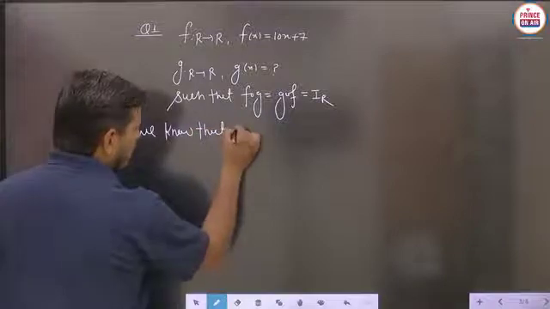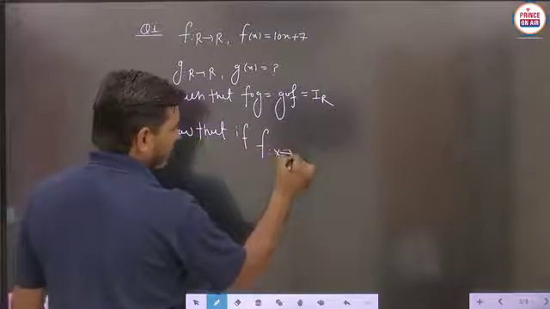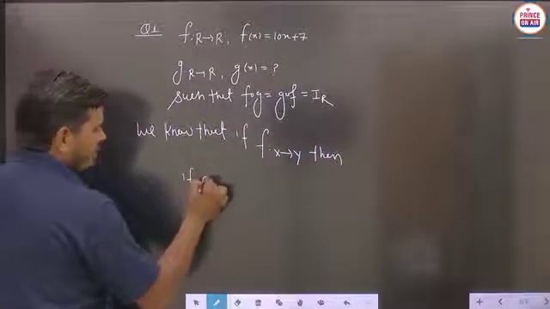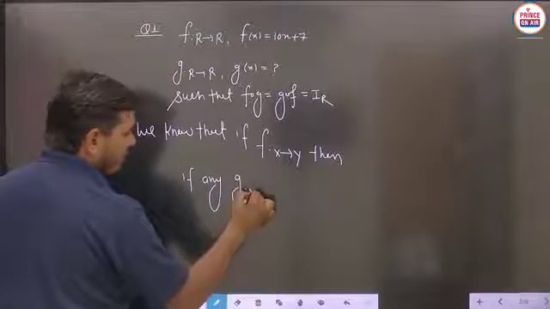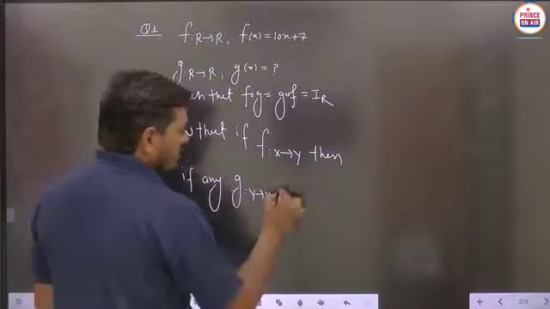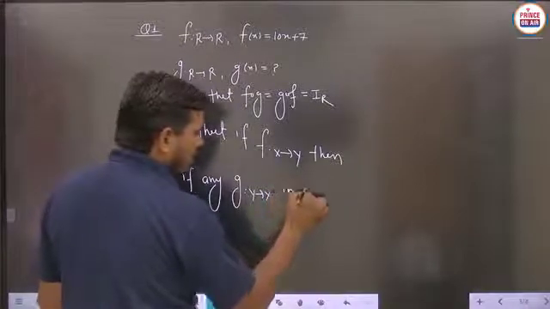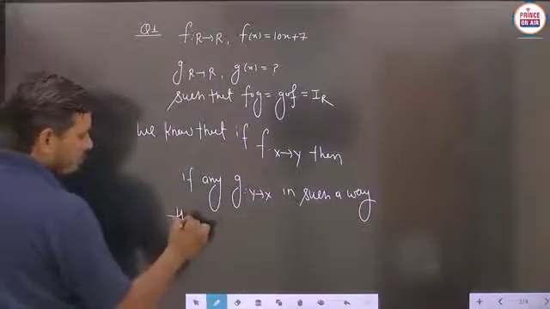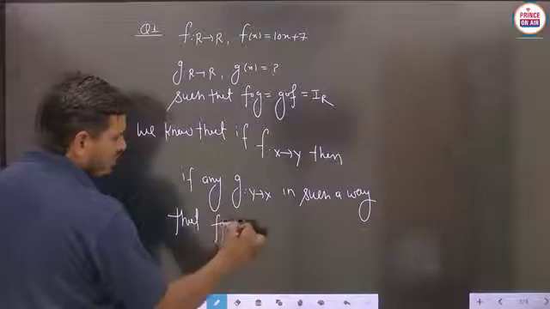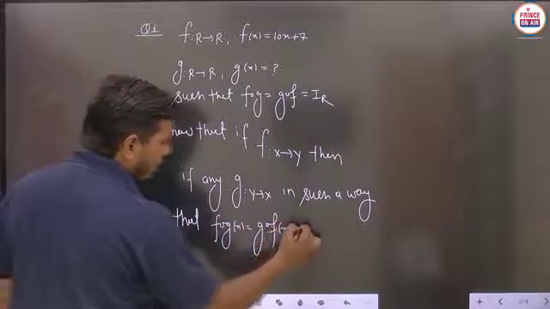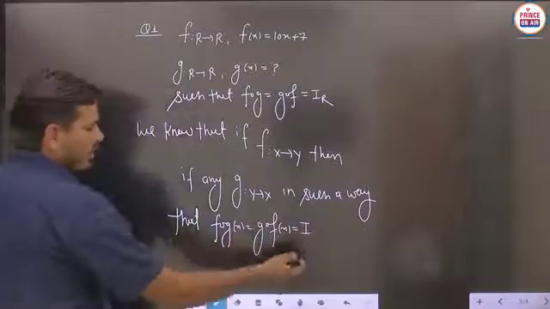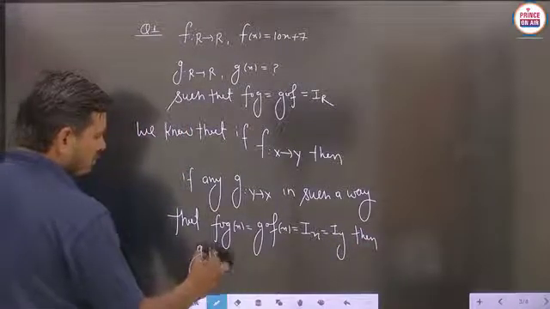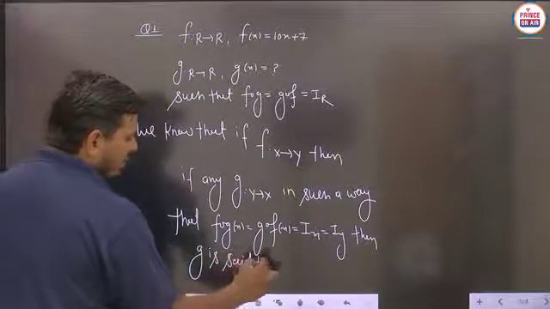We know that if f is defined from X to Y, and any function g is defined from Y to X in such a way that fog(x) = g of f(x) = identity function, meaning I of X or I of Y, then g is said to be the inverse of f.